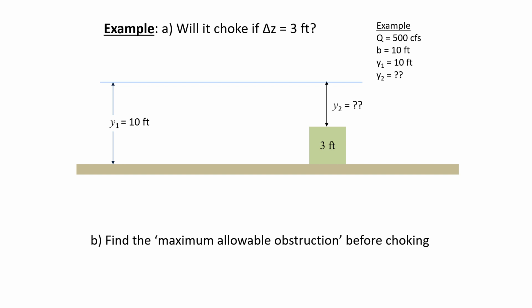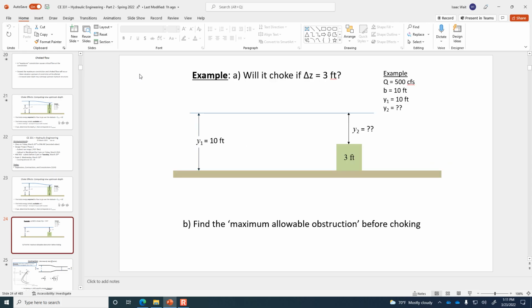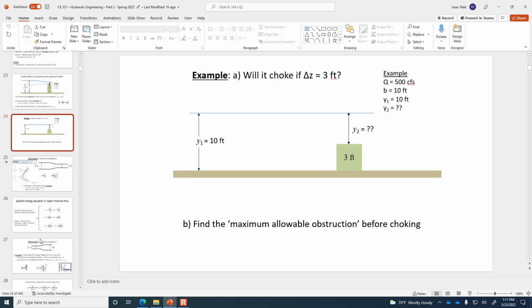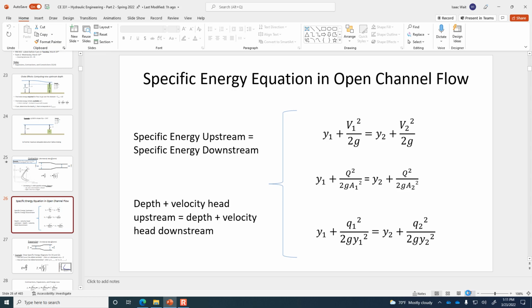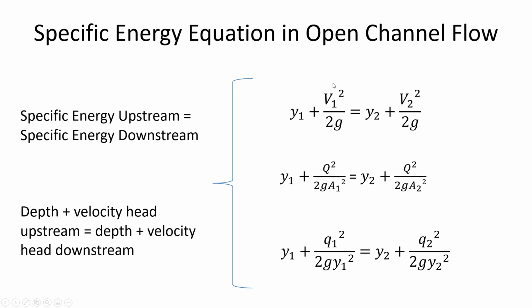Remember, the energy is in two places: it's in the depth and in the velocity head. So it's going to be y1 plus the velocity head, and there are lots of different ways to calculate that. Let me jump ahead briefly to remind you that it could be v squared divided by 2g, or q squared divided by 2g A squared, or this new one, flow per unit width squared divided by 2g y squared.